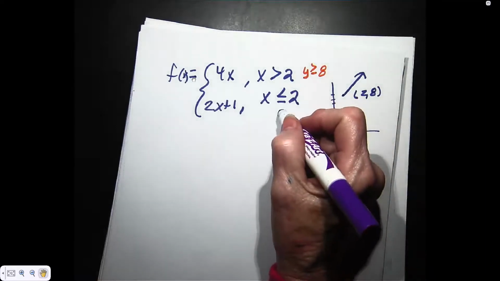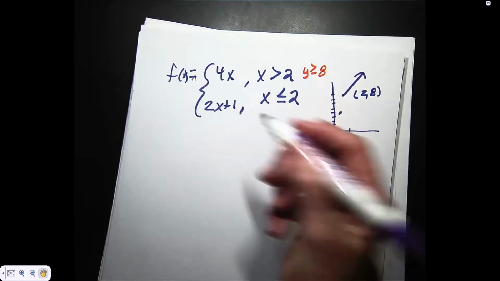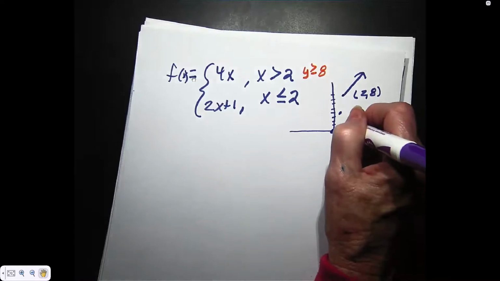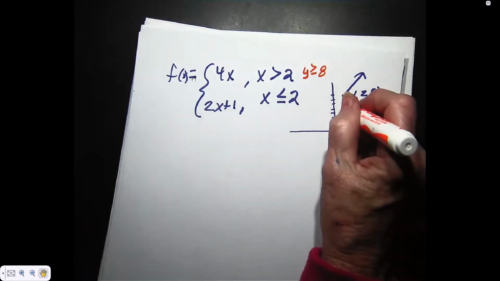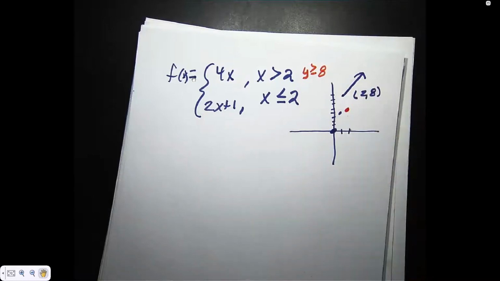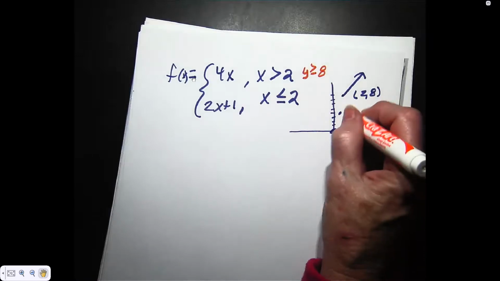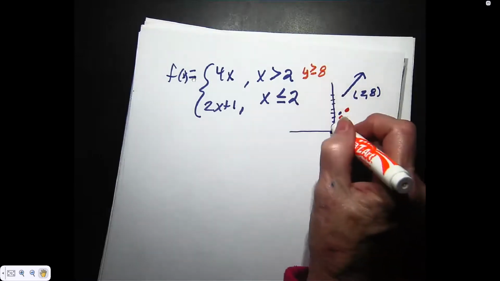And this one, you would look and go, well, if I put 2 in here, I would have 2 times 2 plus 1 is 5. So I would have 2, positive 5. If I put in 1, I get 3. If I put in 0, I get 1.